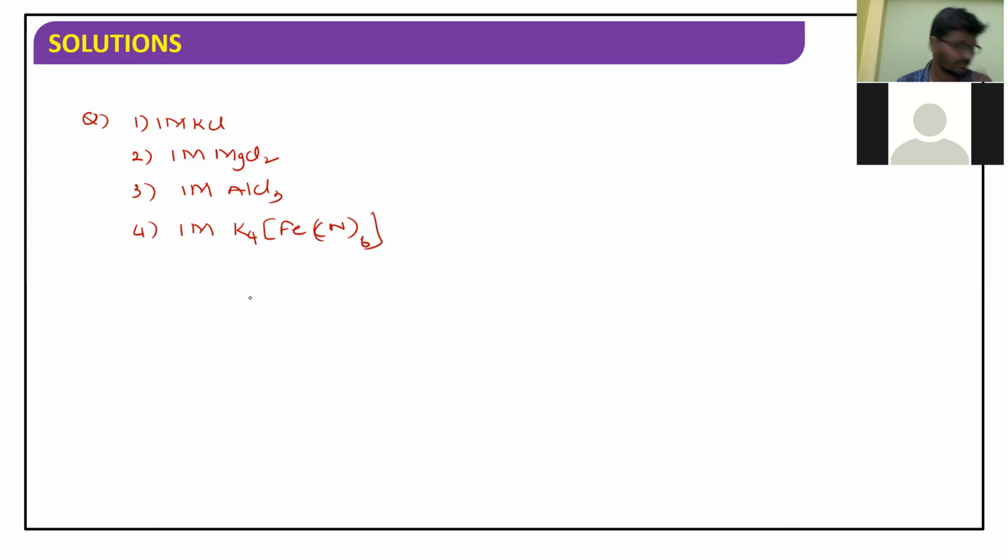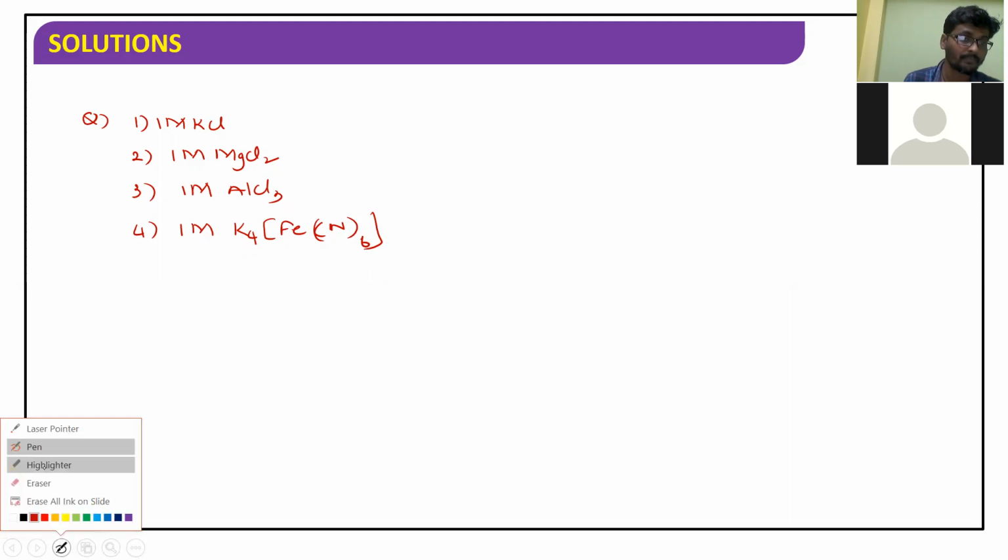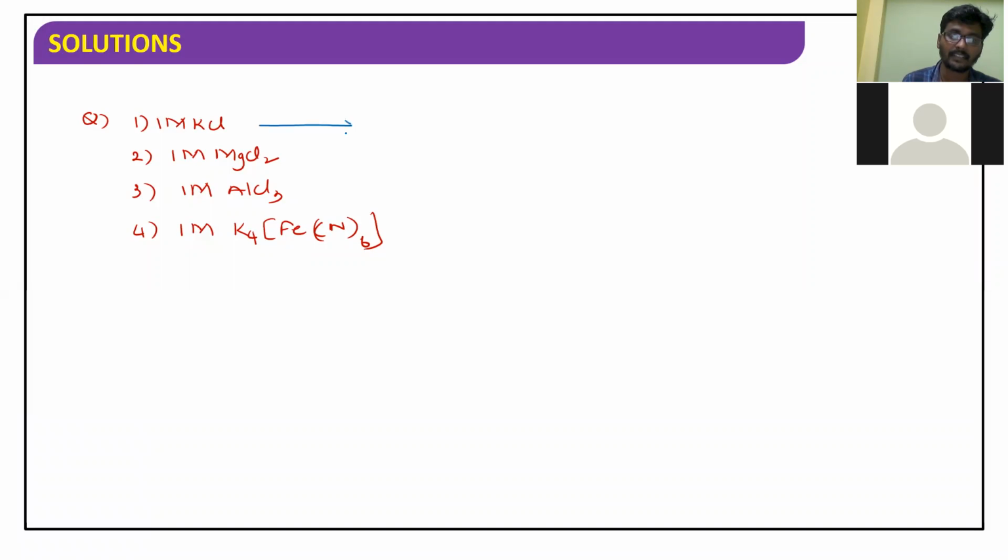In this, which one shows the more colligative properties? Sir, all are given the same concentration, but you write the dissociation form first. KCl dissociates into K plus and Cl minus. It gives two ions. You multiply this one with 2. 1 into 2, 2 particles.